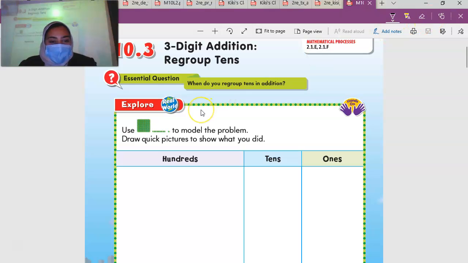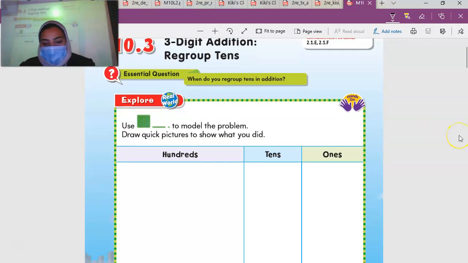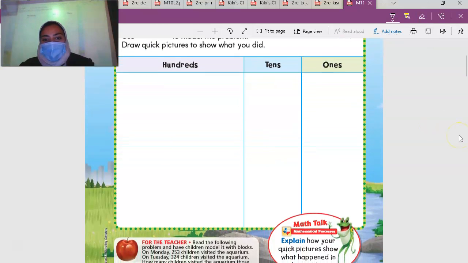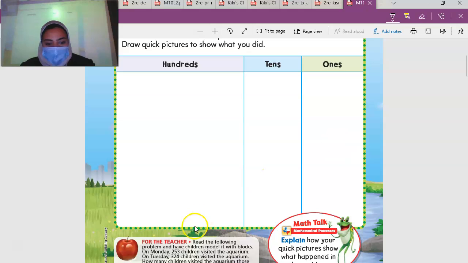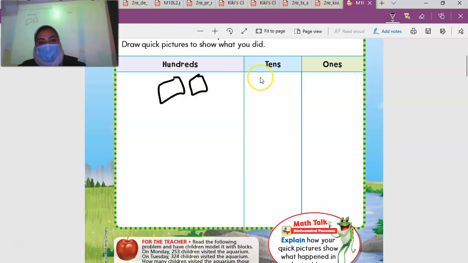It says use pictures to model the problem. Draw quick pictures to show how you did. So the first problem, we're going to draw our shapes, our pictures there. It says on Monday 253 children visited the aquarium. So that's 253: 2 hundreds, 5 tens, and 3 ones.